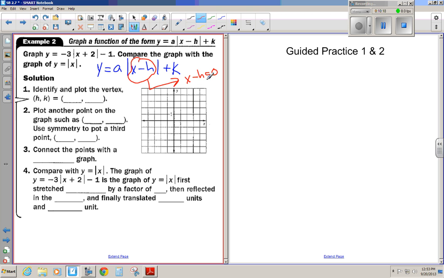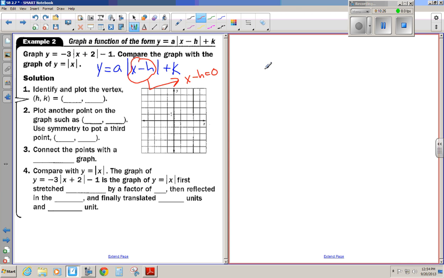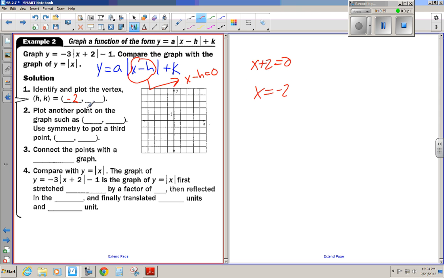Well, what makes x minus h equal to 0 is h, k. So for our situation, what makes x plus 2 equal to 0? Well, that would be negative 2. So it's at negative 2. And then k is just negative 1. So we've now done a translation from 0, 0 to negative 2, negative 1.